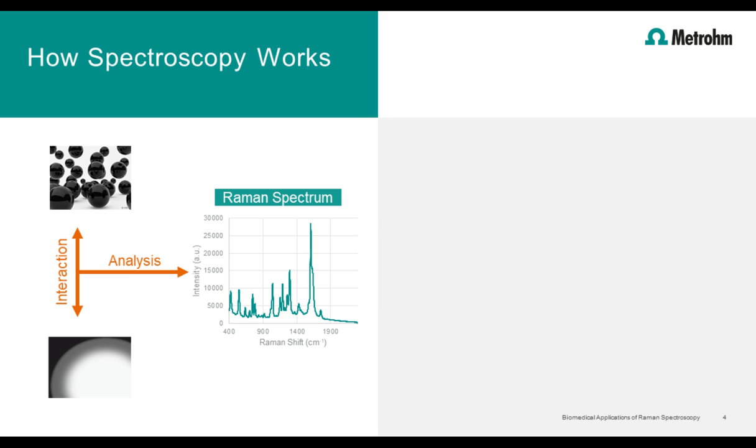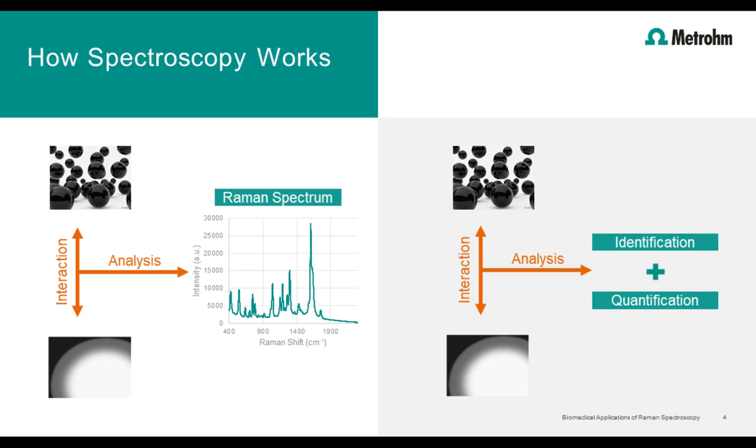So you can see that little picture of the Raman spectrum there. So there's the output that we get, and then there's the actual information that we can interpret from the output that can help us solve the problems that we're trying to answer. So from a Raman spectrum, we can get structural information about our sample that we can use to do either qualitative or quantitative analysis.